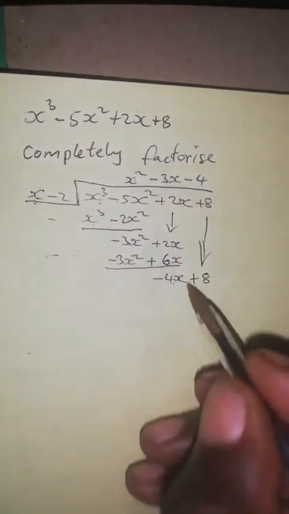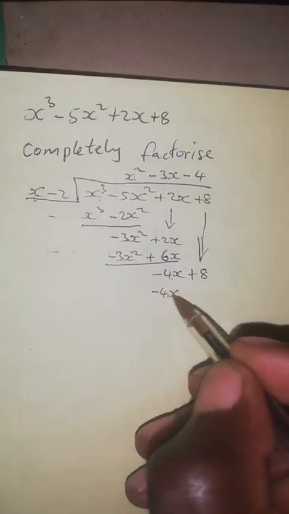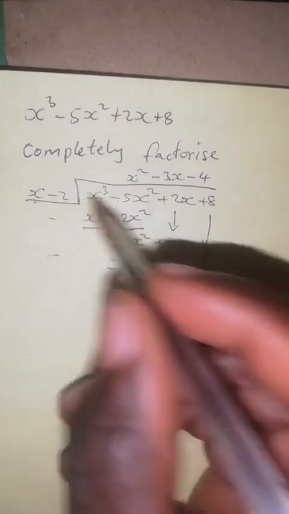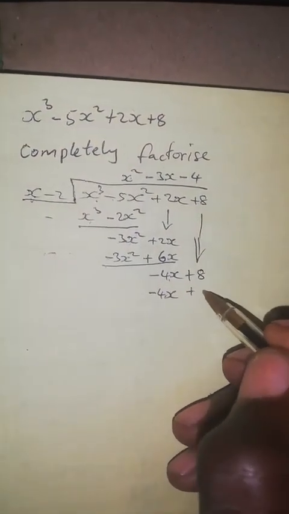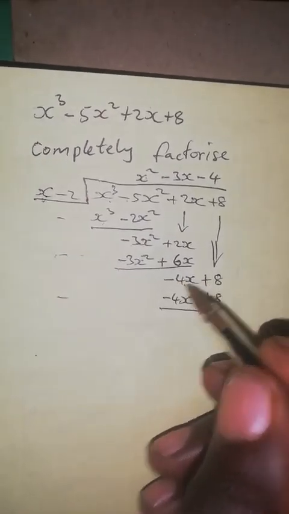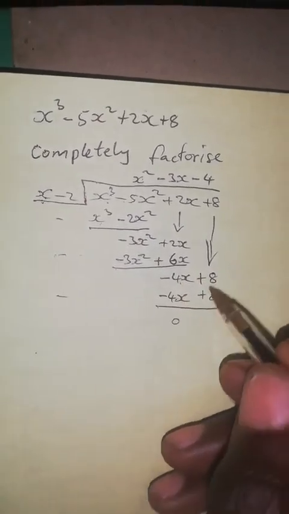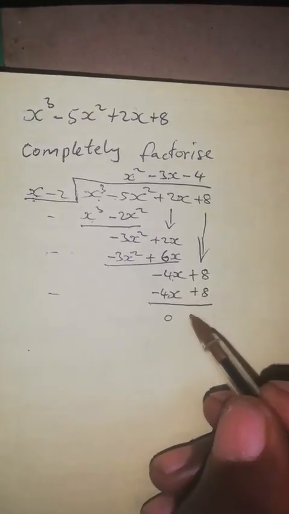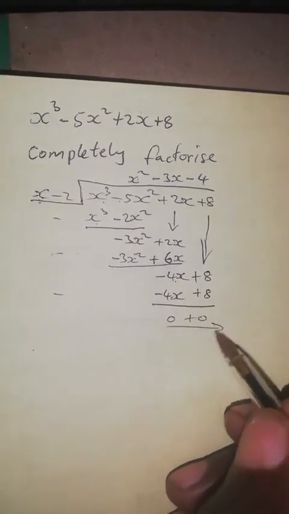Minus 4 multiplied by x, it's minus 4x. Minus 4 multiplied by minus 2, it's plus 8. We subtract. Minus 4x minus minus 4x, it's 0. 8 minus 8, it's 0.